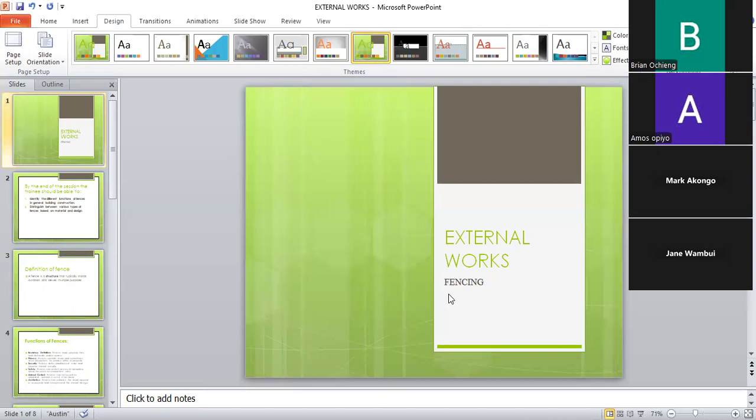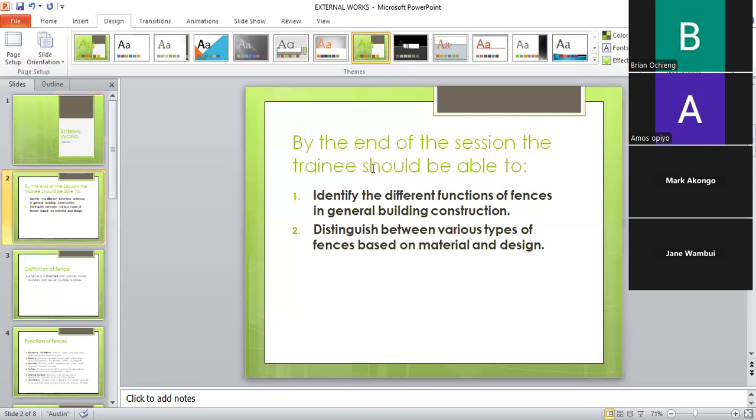So today we are going to talk about external works and under fencing. What I will be expecting from you at the end of this session: by the end of the session, the trainee should be able to identify the different functions of fences in general building construction, and distinguish between various types of fences based on materials and design.